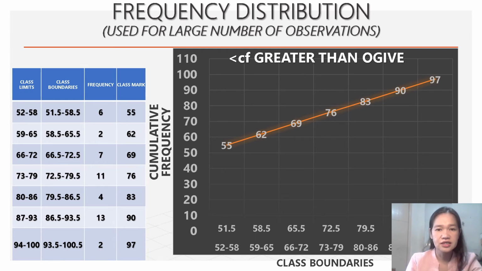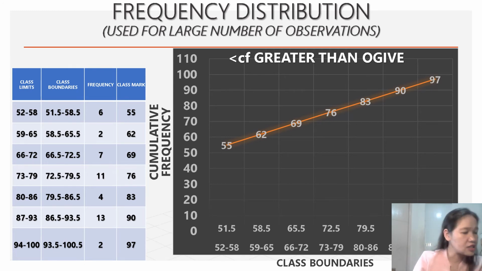As you can see in the graph, a line graph is presenting the cumulative frequency distribution. We call this an ogive. We have two types of ogive: the less than cumulative frequency distribution, or the less than ogive, and the greater than cumulative frequency distribution, called the greater than ogive. This is a representation of the greater than ogive.